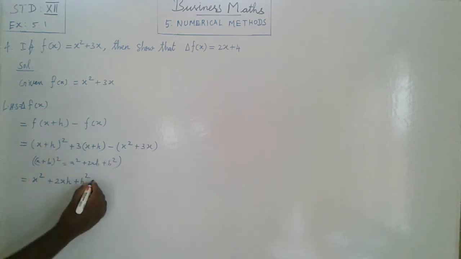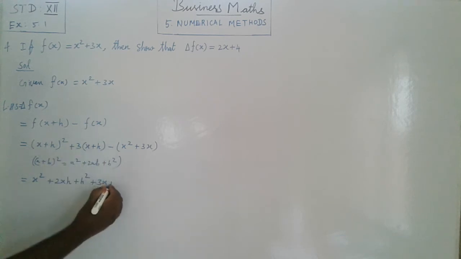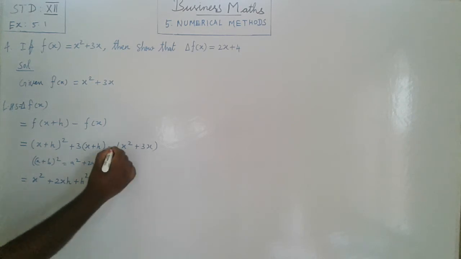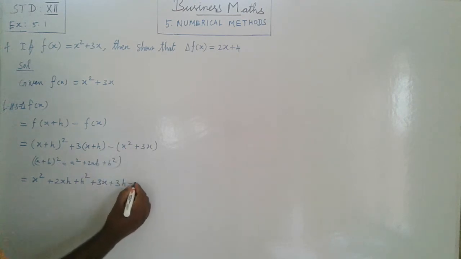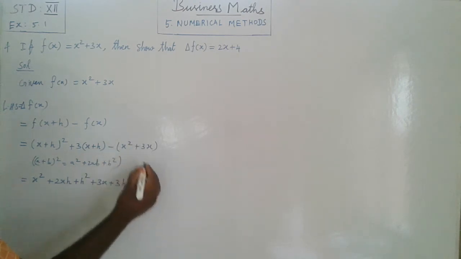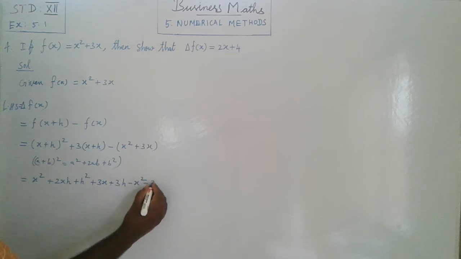Next, plus 3 into x is 3x plus 3 into h is 3h. Minus, we should multiply inside: minus x square, minus into plus is minus 3x.